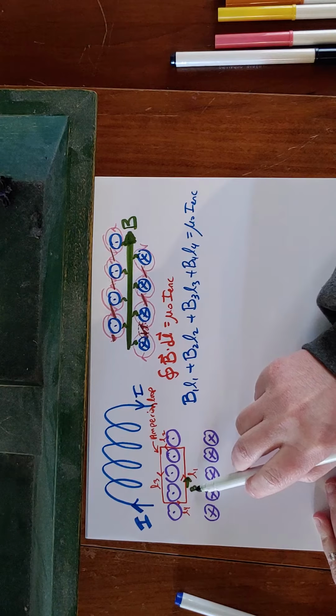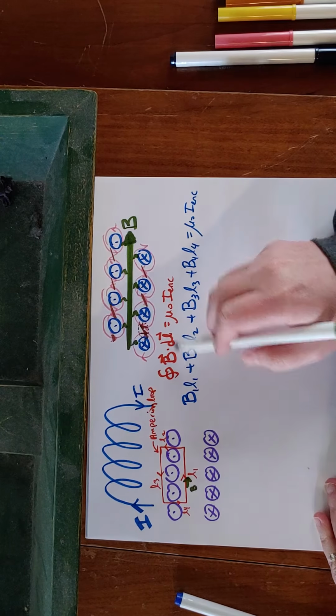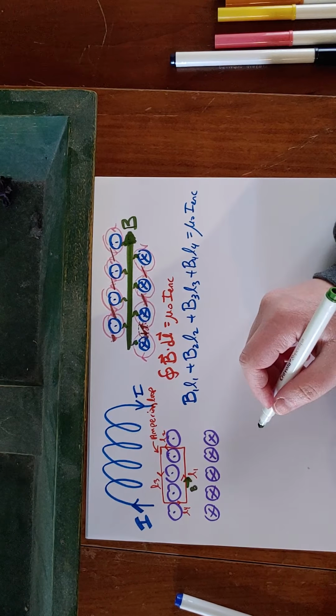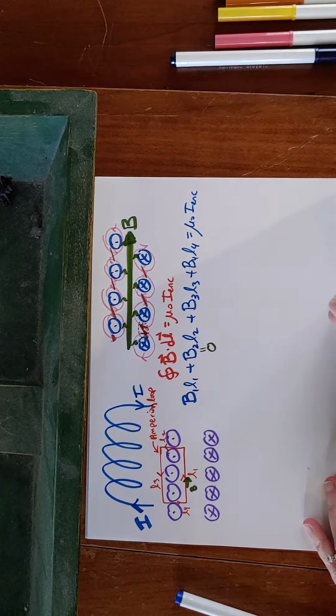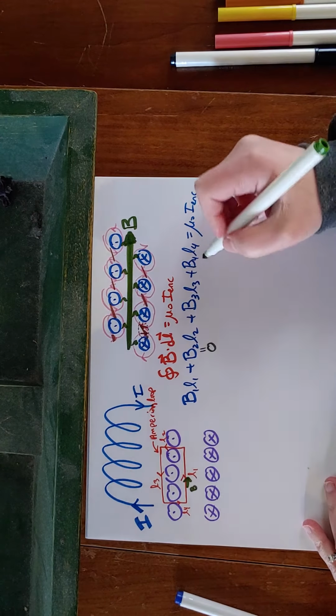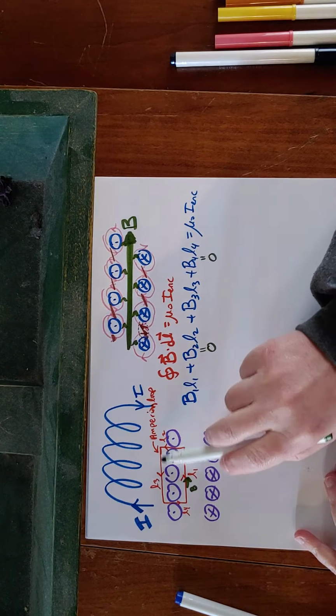So look at my B and look at my L, right? They're parallel. So the dot product, boom, nothing. B2 is 0. And B4 is 0, right? Groovy. What about L3? Look at this section.